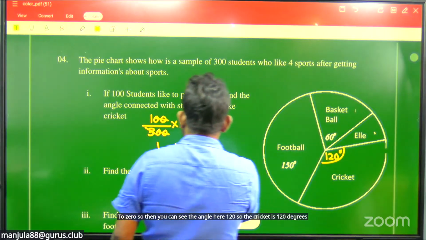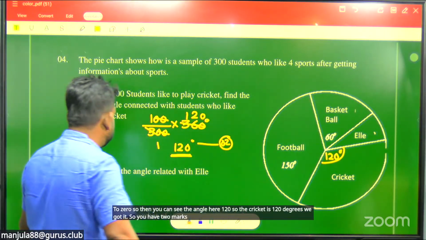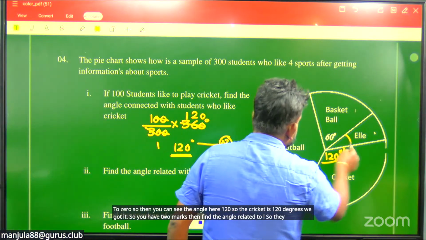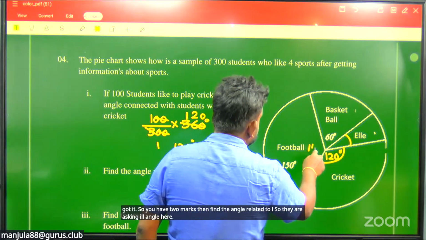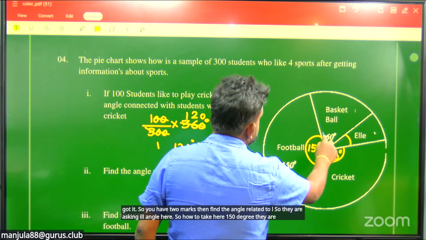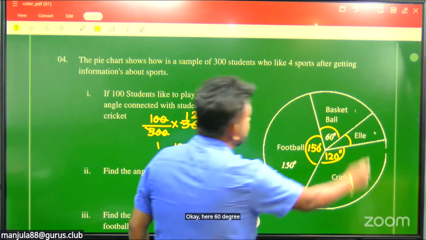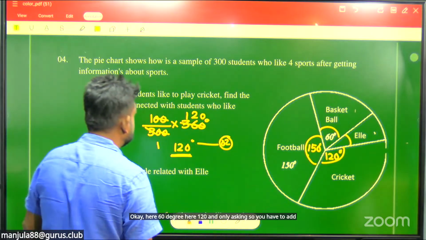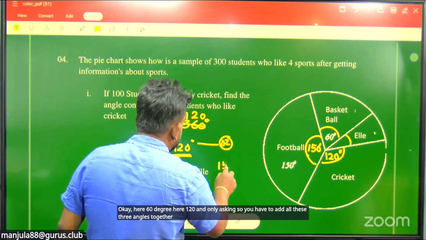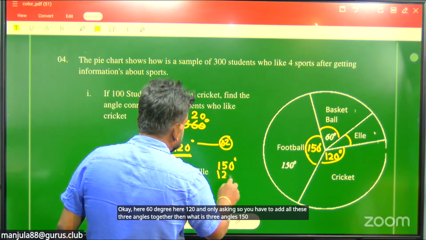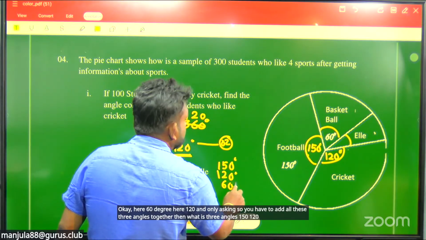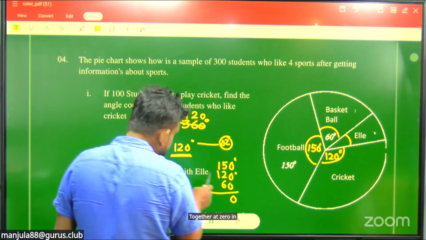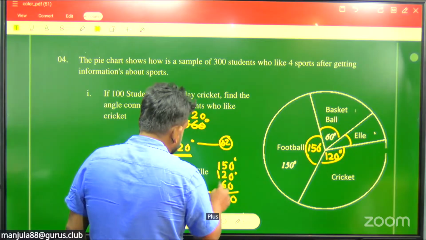We got it. So you have 2 marks. Then find the angle related to LA. So they're asking for the LA angle here. Here 150 degrees, here 60 degrees, here 120, and LA is asked. So you have to add all these 3 angles together: 150, 120, and 60 degrees. Adding, 0, then 5 plus 2 is 7, plus 6 is 13, 1 remaining, 3 there.